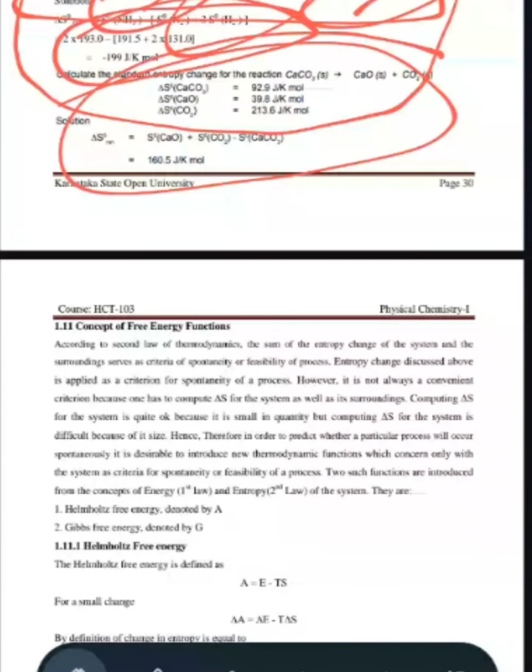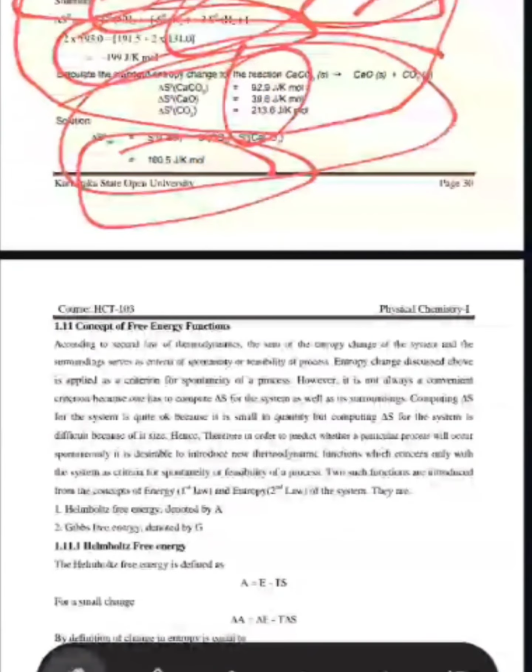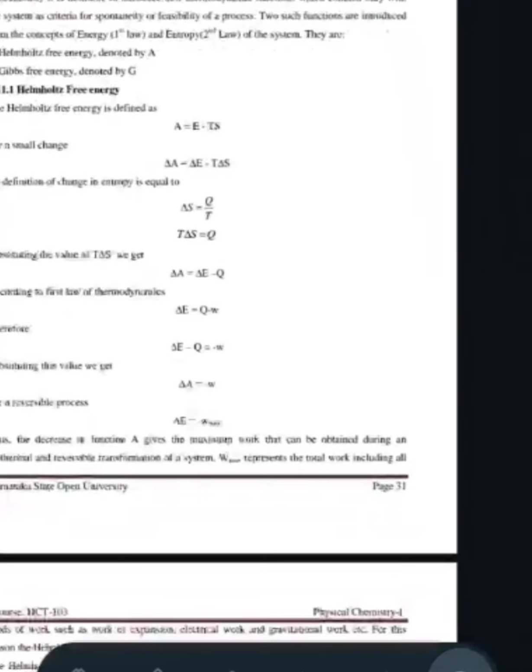The calcium carbonate value that you have, you subtract, product minus reactant, that is 92.9 plus 39 plus 8 minus 213, that will be 160 joules per Kelvin mole inverse mole. So in the next class, I will be discussing concepts of free energy.